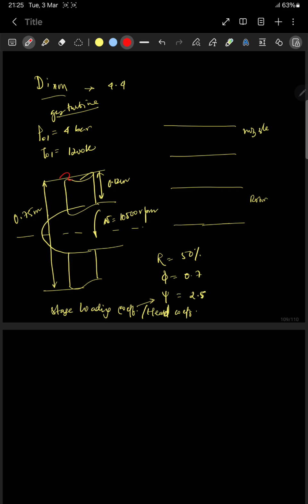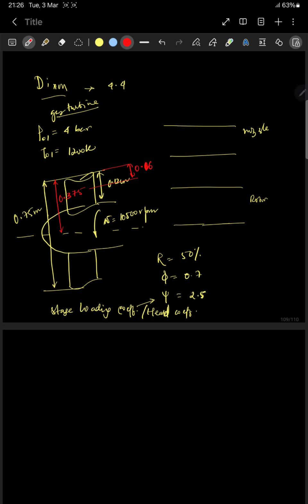So this distance is 0.75 divided by 2, so this distance is 0.375. This distance is 0.06, half of 0.12.